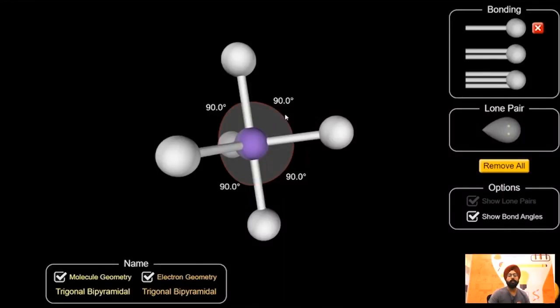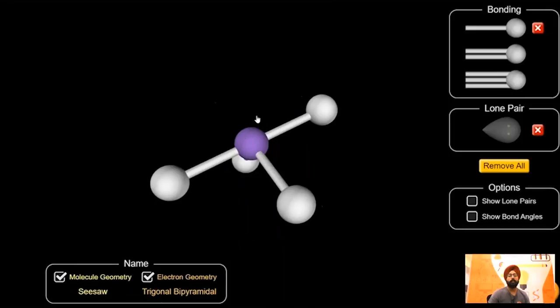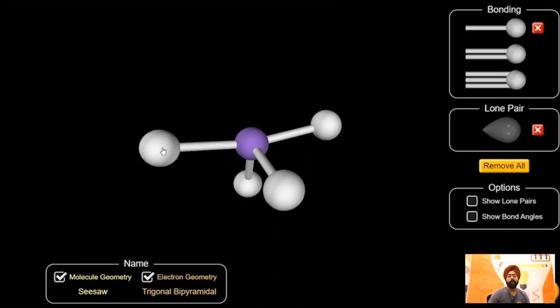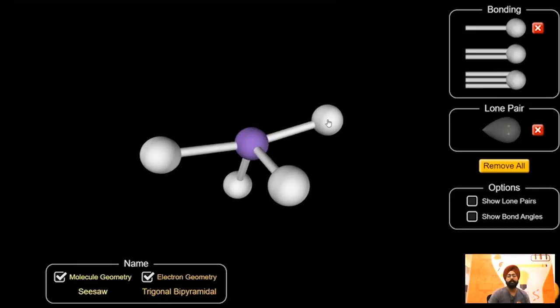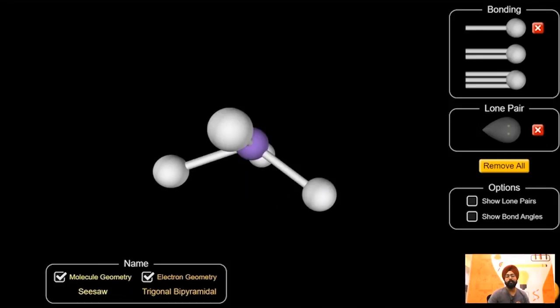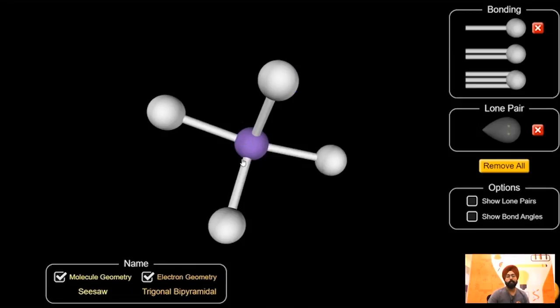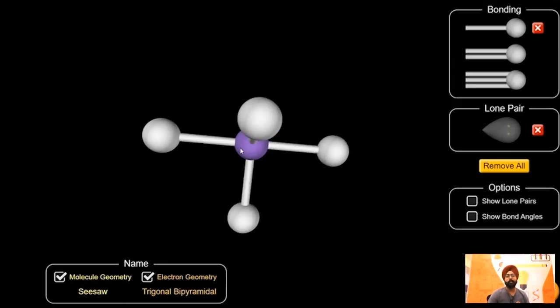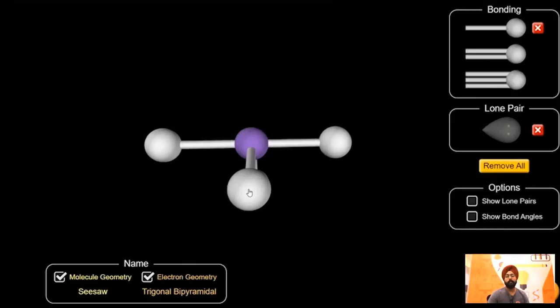Can you also think that it looks like a seesaw? Let's say Gunjit is sitting here and Sayyid is sitting here. Imagine that these two legs are planted in the ground.